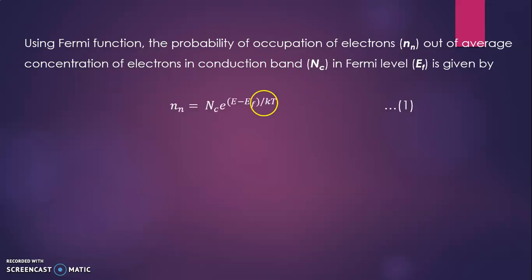That equation is given by n suffix n equals capital N suffix C e raised to E minus EF upon kT, where E is the energy state and EF is the Fermi energy. Let's call this equation number 1.